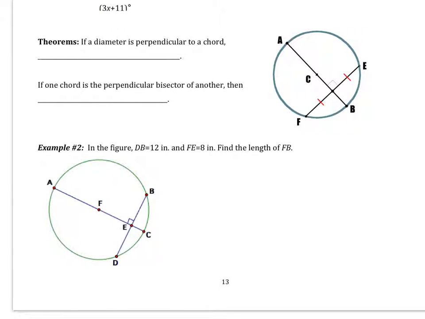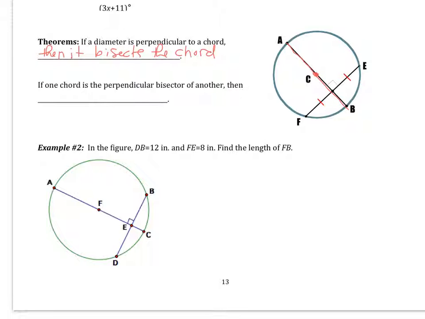Okay, and it's going to talk about the idea that if a diameter is perpendicular to a chord, then it bisects the chord. All right, so the reason we can tell that AB over here is a diameter is it passes through the center, so it has point C on there.